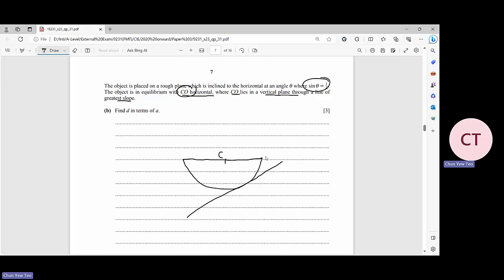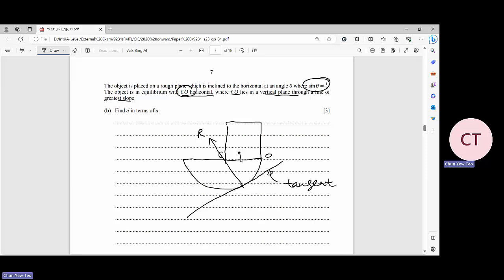This is the C, this is the O, and this is the cylinder. Okay, so you can see that this is a tangent to the hemisphere. So when it's a tangent to the hemisphere, then the normal contact force will pass through the center of the hemisphere. Okay, then this is your center of the mass.